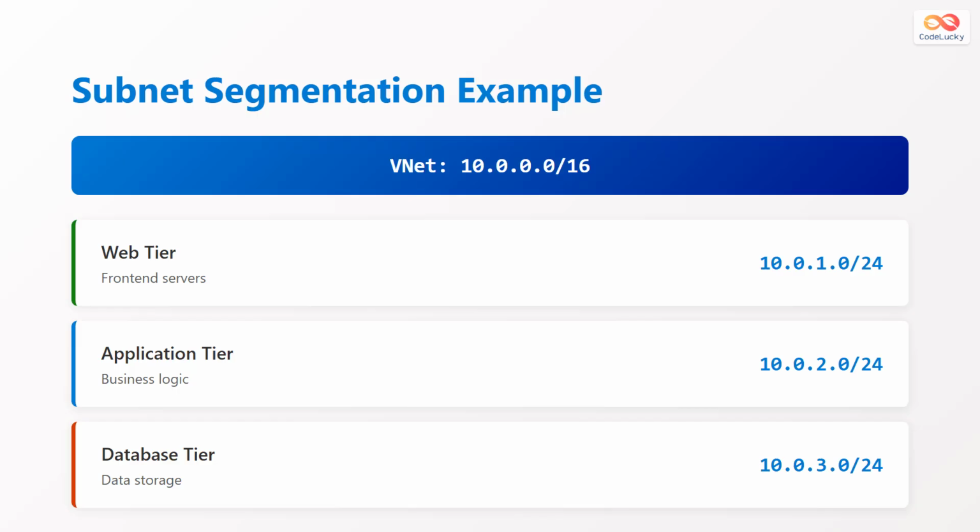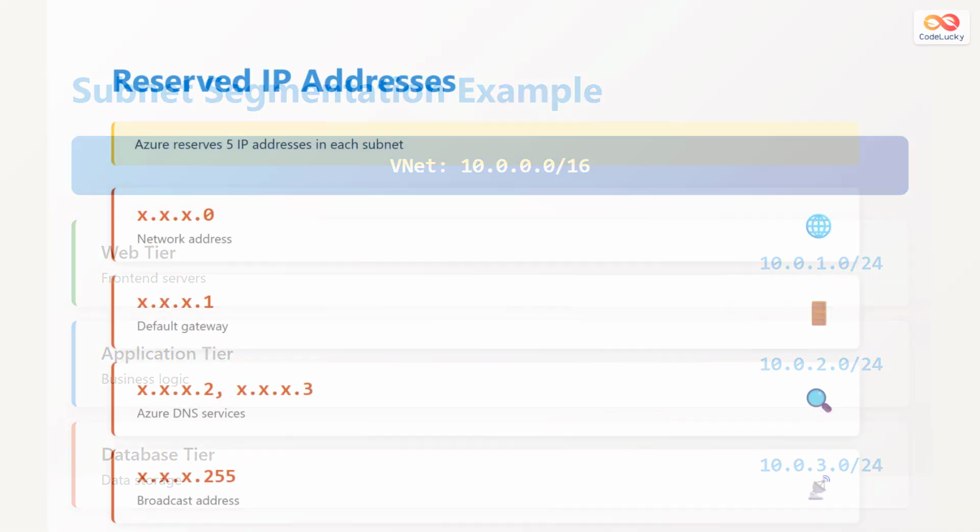The database tier uses 10.0.3.0/24 for data storage and database servers. Each subnet has 256 IP addresses available. This three-tier architecture provides clear separation of concerns, enhanced security through isolation, and better traffic management between layers.